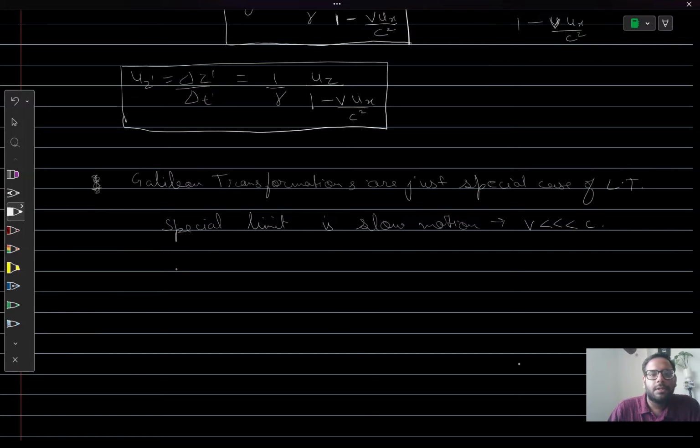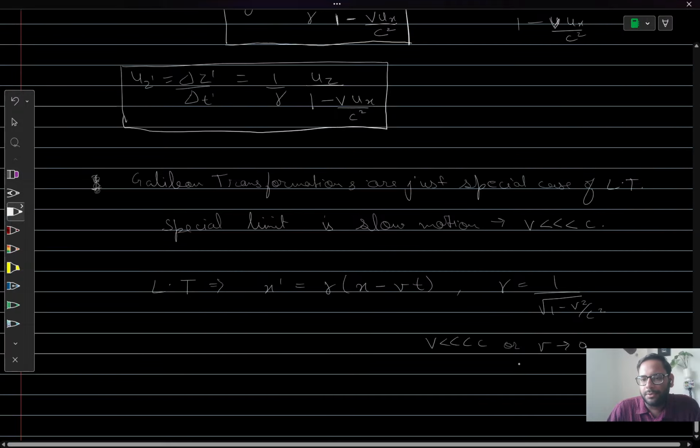So in the above equations, suppose we take the Lorentz transformation itself: x prime equals gamma times x minus vt, where gamma is 1 over the square root of 1 minus v squared by c squared. In this limit, when v is very small compared to c, or v tends to 0, your gamma will be 1, right?